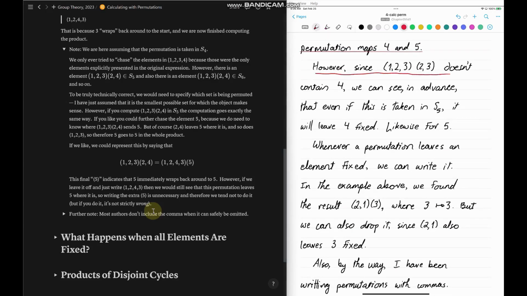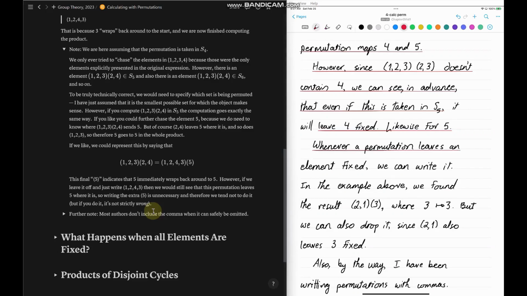However, since (1 2 3) product (2 3) doesn't contain 4, we can see in advance that even if this is taken in S5, it will leave 4 fixed. Likewise for 5. The upshot being that although it is technically required that we chase those elements, we can see that they will do nothing, and therefore we don't really have to write them, even in those situations.